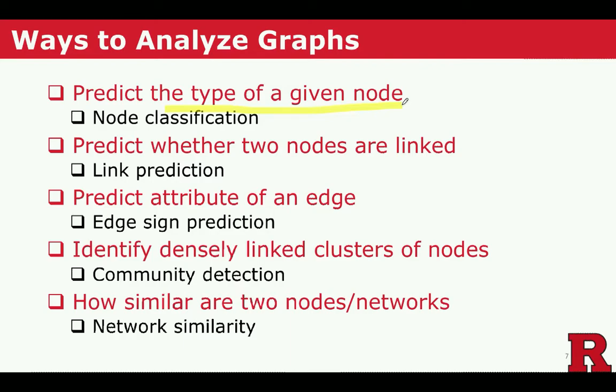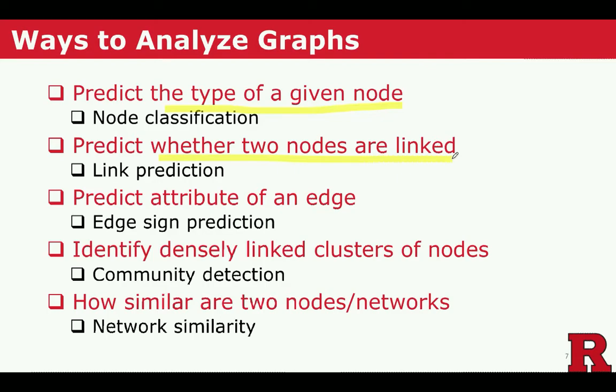And this kind of analytical task is called node classification. You basically want to classify the category of the nodes. You can also predict whether two nodes are linked or not. So whether two nodes are potentially connected or not.